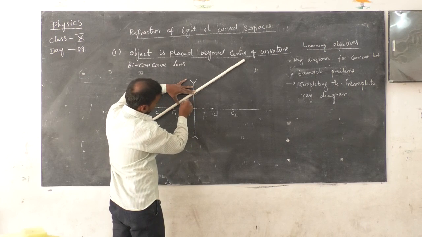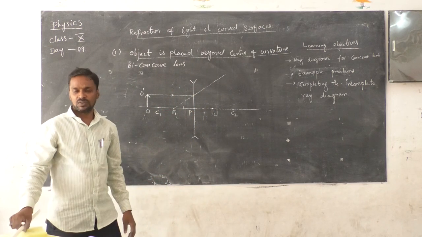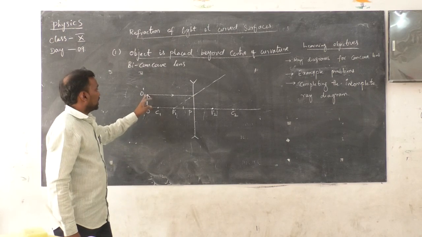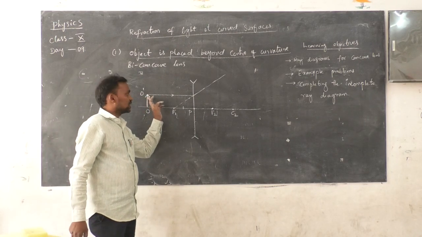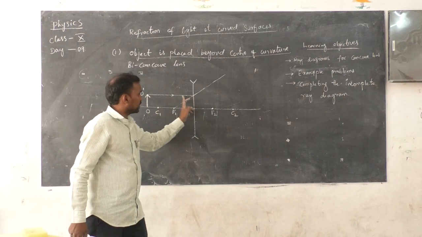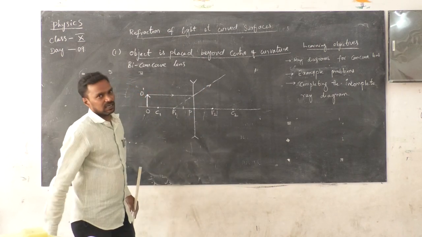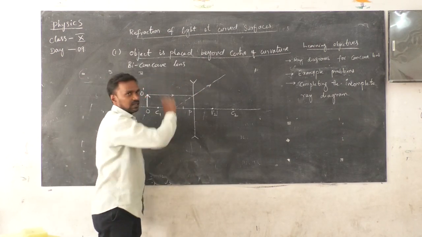If I extend this back, it will meet there. So I am using the third situation: the light ray from this point travels parallel to the principal axis and refracts, and it will travel in this direction. This is the incident ray and this is the refracted ray.